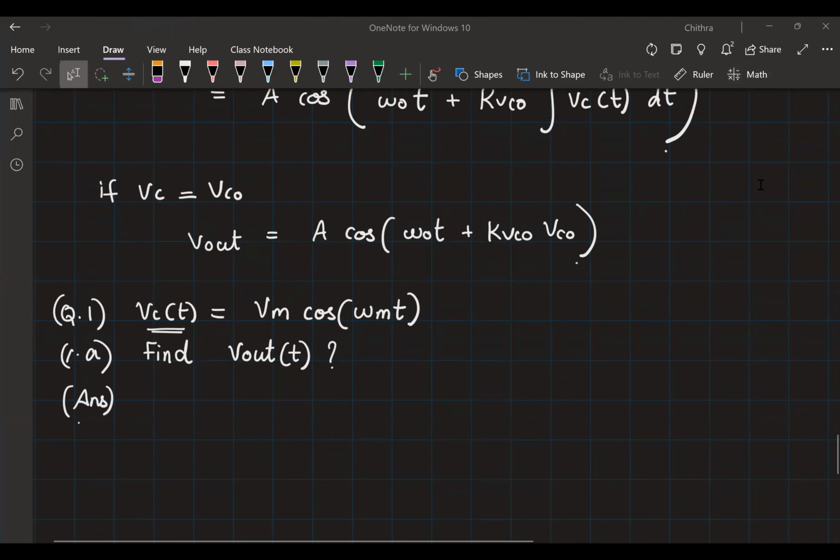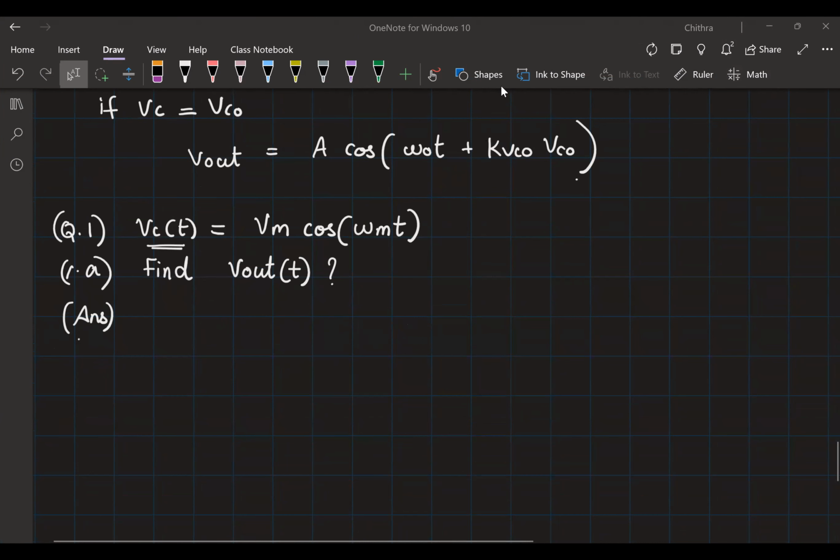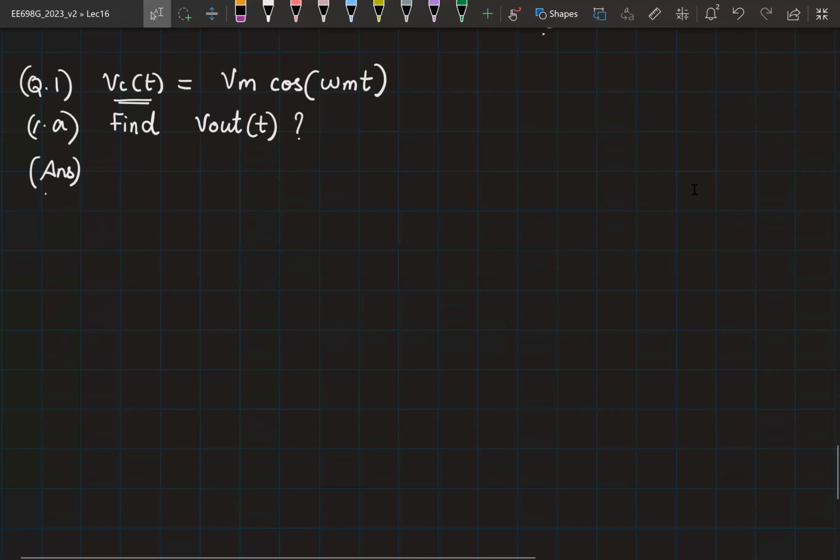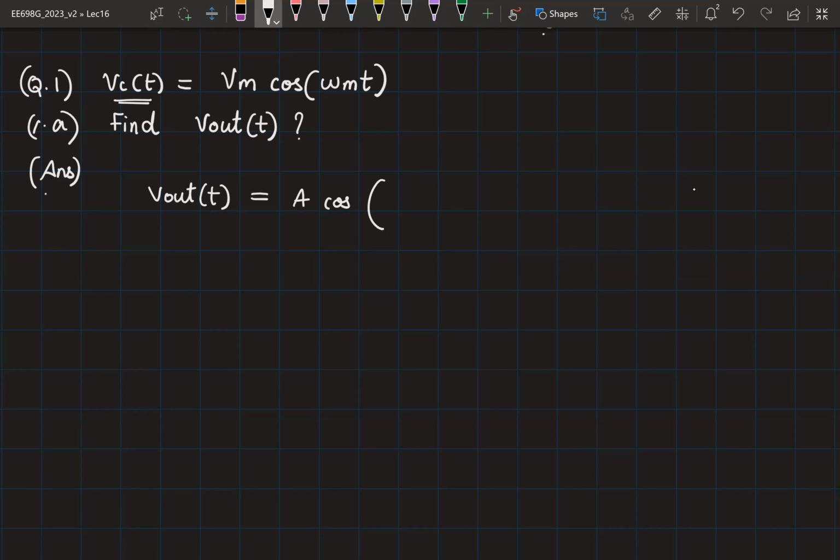It is a frequency modulated signal, but what is the exact expression? So V out of t will be equal to a cos of omega naught t plus, this is basically integral of kvco into vc of t, where vc of t is now vm into cos of omega m t dt.